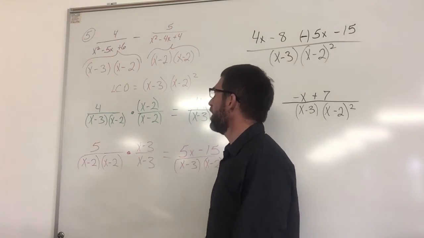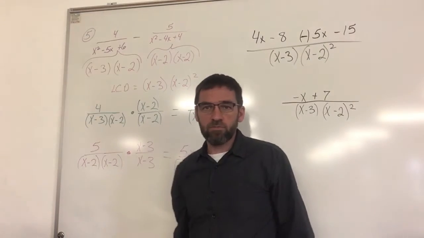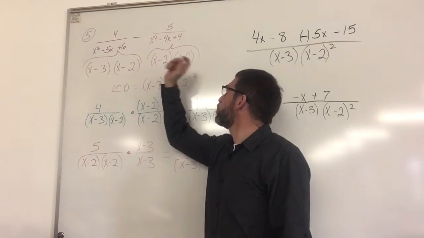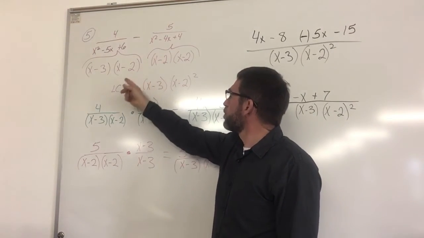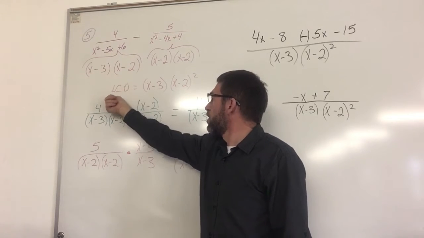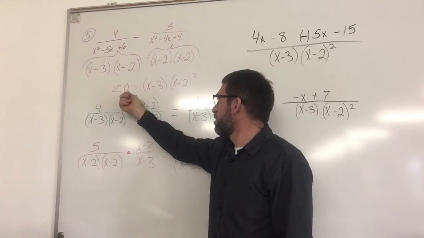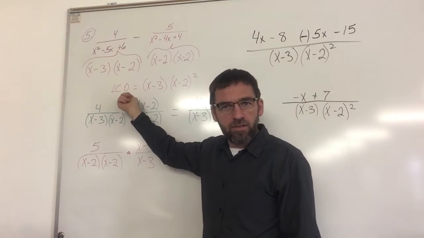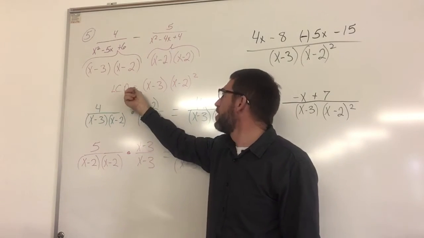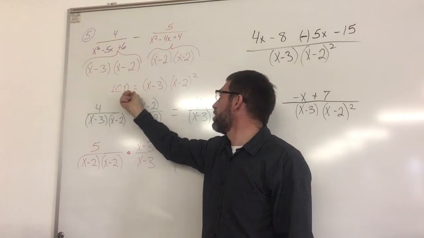So now I choose, and I've done some shortcuts here. I choose the greatest common factor. I'm going to choose the x minus 3 because the least common denominator, if I say it right, not the greatest common factor. Have I been saying greatest common factor all along? I hope not. If I did, I'm wrong. It's the least common denominator.